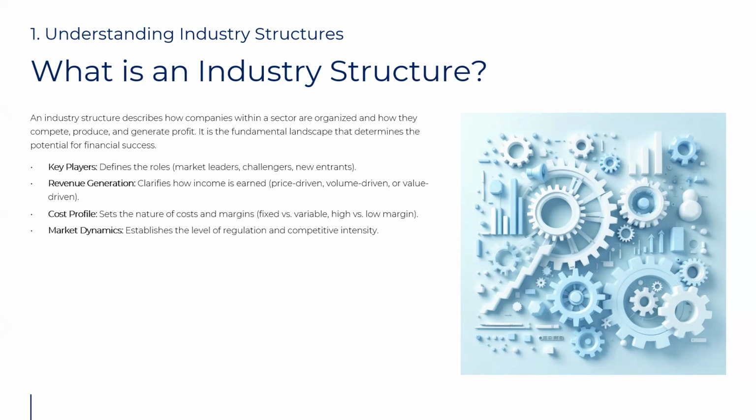The industry structure helps you understand what benchmark you are going to use for your analysis, and that's why industry analysis is also very important. It is the fundamental landscape that determines the potential for financial success.